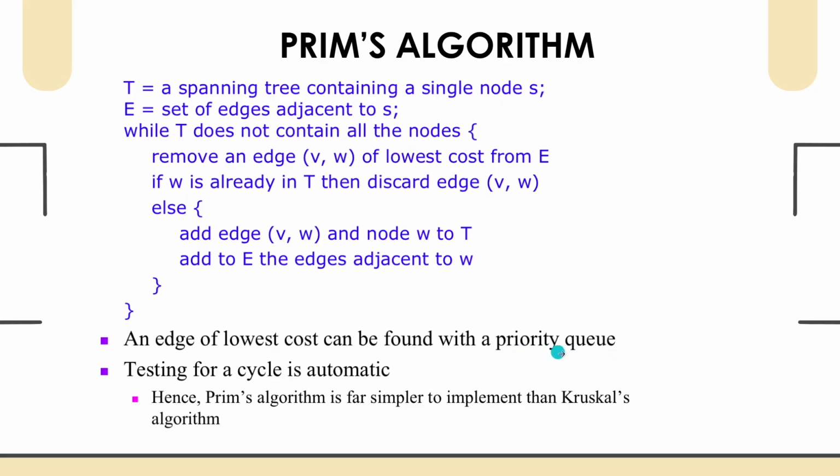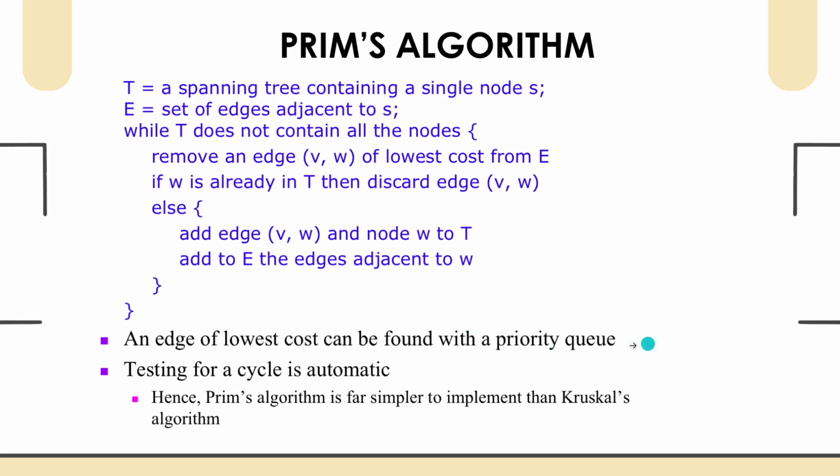In order to find the edge with the least cost, we can use any of the data structures that we have learned before, like a list or a priority queue. If we have a list, then we may have to search from beginning till end every time to find the edge with the least cost. If we have the priority queue version, then it helps a lot.